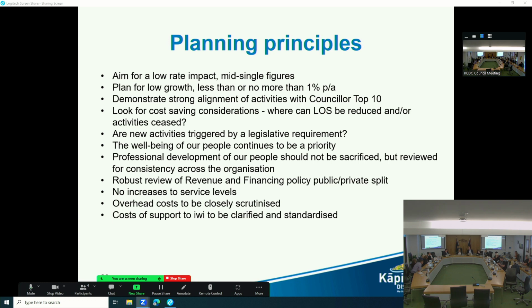And effectively, we end up coming back to you in annual plan check-ins going, oh no, that didn't quite land the way we thought it would, it's going to cost more. It ends up falling into rates increases. So we want to be more conservative in the way that we're pushing forward.